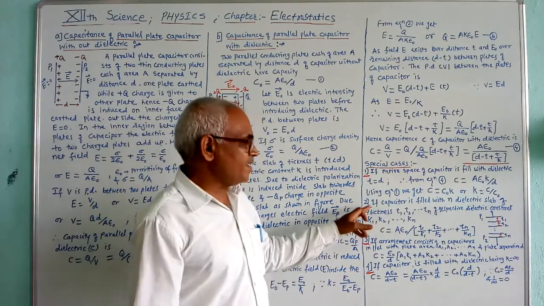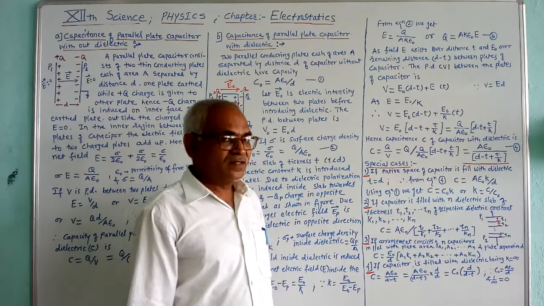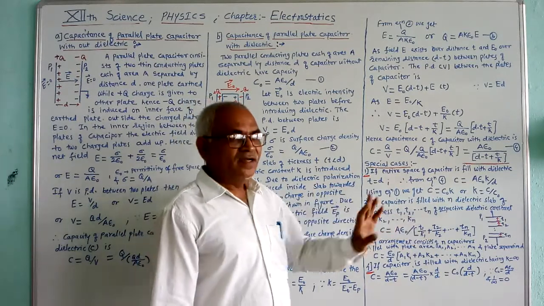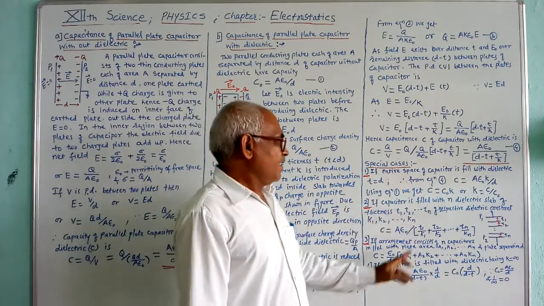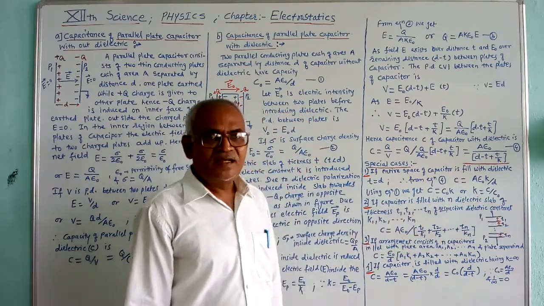In the second special case, if the capacitor is filled with N dielectric slabs of thicknesses T1, T2 and Tn respectively, and their respective dielectric constants are K1, K2 and Kn.